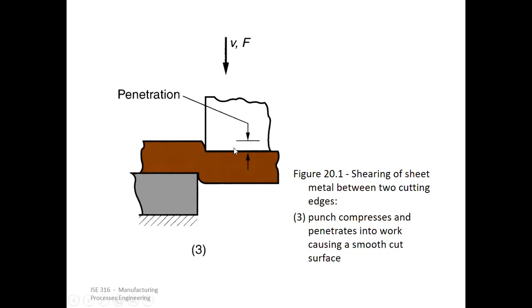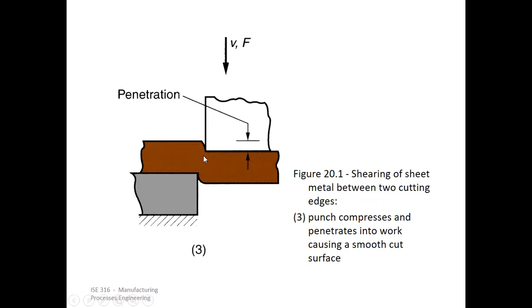And then penetration, it penetrates the component more and more, right? Once it compresses and penetrates into work. So before it was only compression, right? There was deformation, but there was no penetration. When does it penetrate? When actually the material gives in and it fractures, right? From the very top, isn't it?